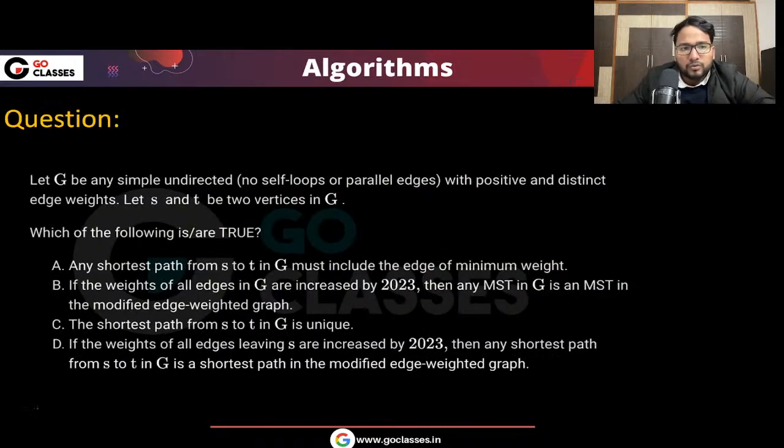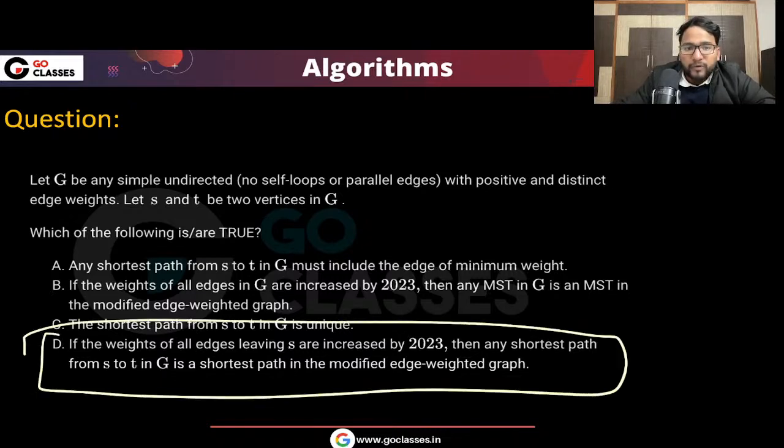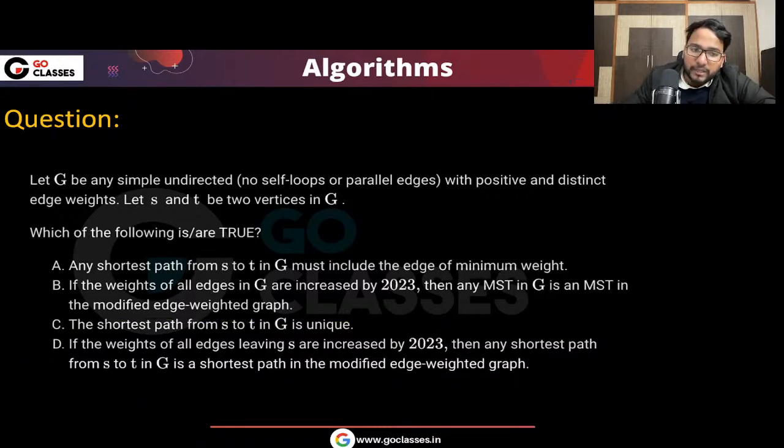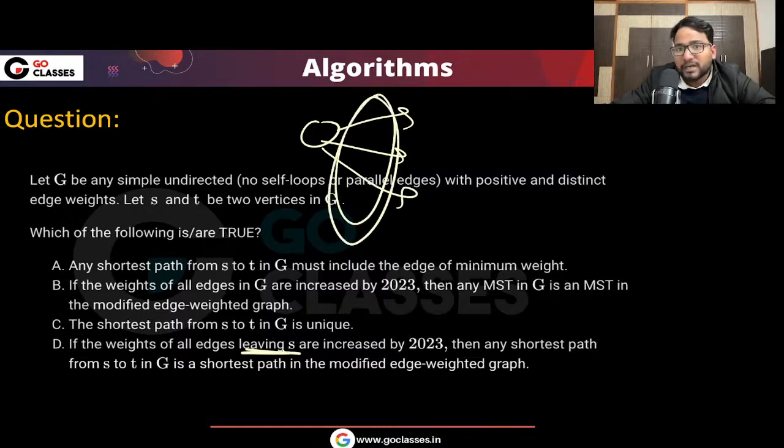Yeah. So suppose I ask you about this option D: if the weights of all edges leaving S are increased by 2023, then any shortest path from S to T in G remains the same. See, if I am increasing the weights of all edges leaving the source only, which means I'm not increasing anything else, only these edges, then this option is true.